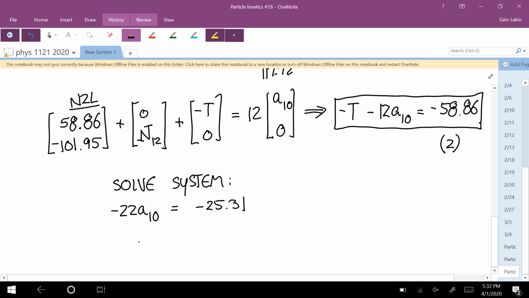And now you can solve for A10. A10 is equal to positive 1.15.